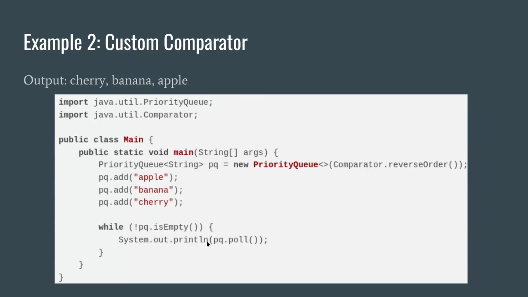When we poll elements from the queue, you'll be able to see that they're retrieved in reverse alphabetical order: cherry, banana, apple. You can provide other comparators if you want to customize the ordering of the elements.